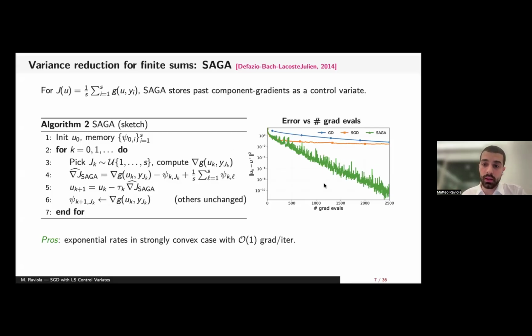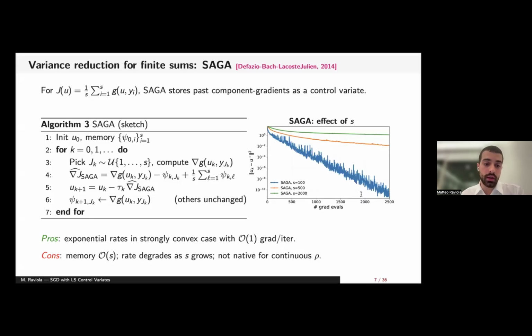And so you see that the picture is much improved. However, the cons are, first of all, that we have a memory constraint: if we have many terms in the sum above, then we need a memory that scales with the number of terms in the sum. And also the rate of convergence degrades as S grows. So here, as S grows, you see how the convergence rate is always exponential, but decaying pretty rapidly.